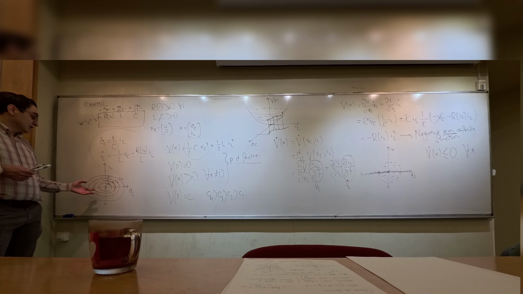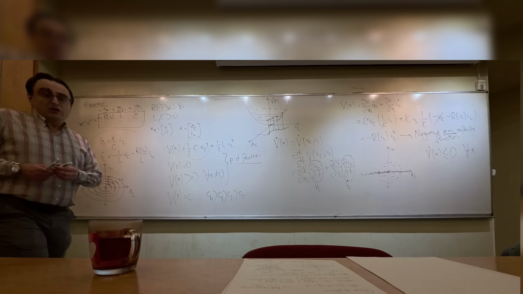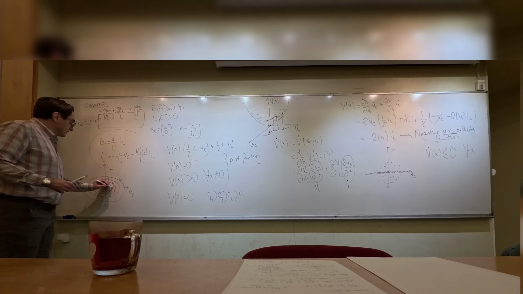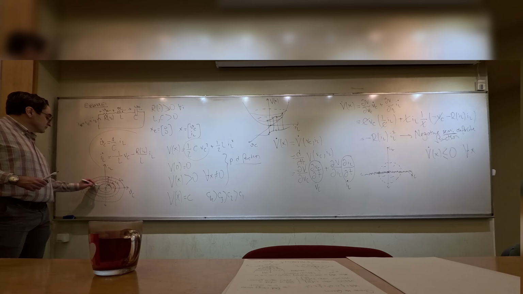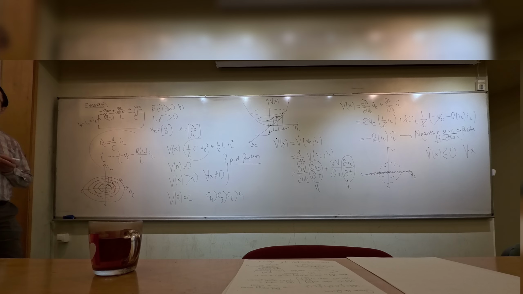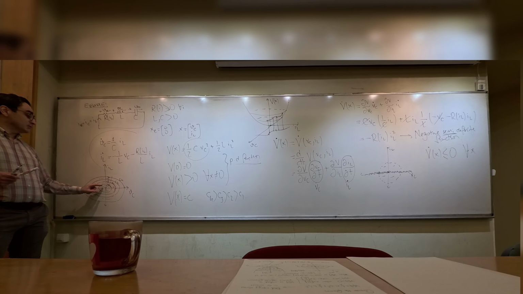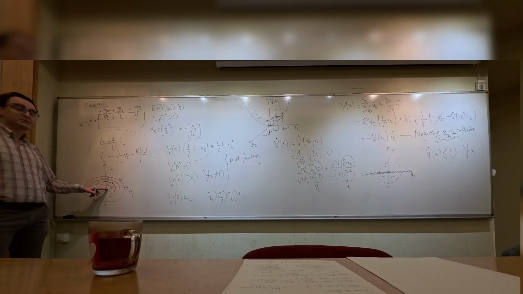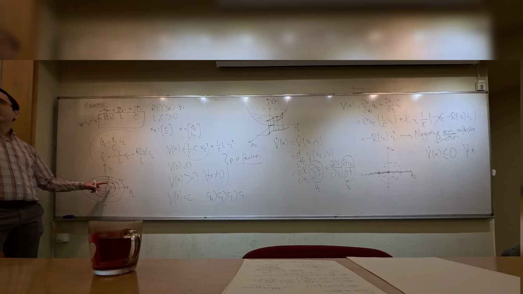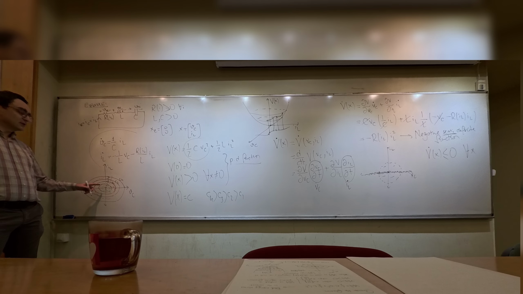So when I look for that delta ball, for example, if I start with such a delta ball, I know that because I start the trajectories of the system in this delta ball, the trajectories will never be able to cross this level curve outside the delta ball.